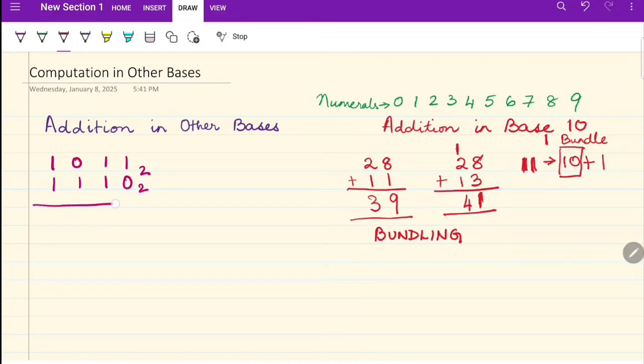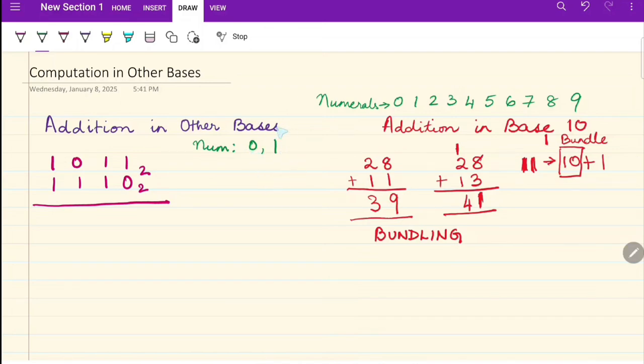All right, we are going to add these two numbers, and before we go into the addition process, let me just remind you that the numerals in base 2 system are just two. They are 0 and 1. So when we add all these digits in the different columns, remember, we can either have a 1 or a 0.